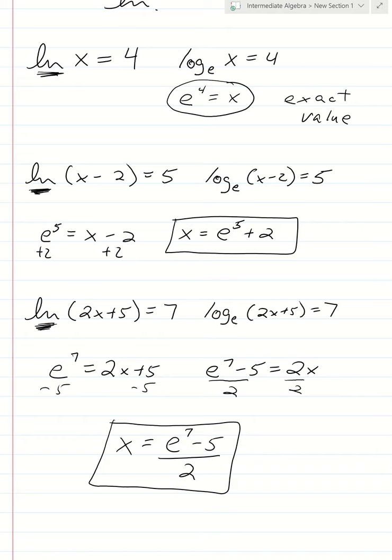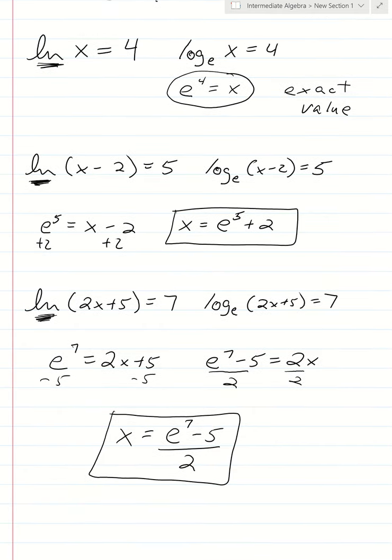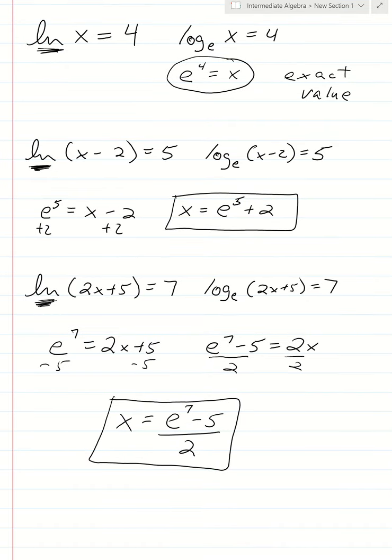So natural log is very similar to the other logs that we talked about. The only difference is we are dealing with a very specific, a very special, a very irrational base, the natural base, base e.